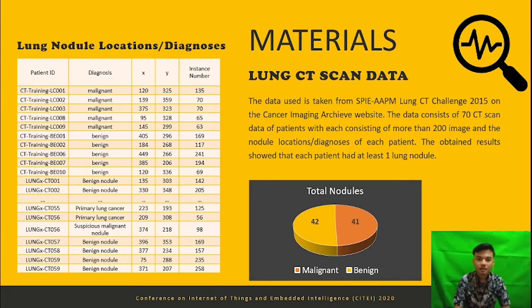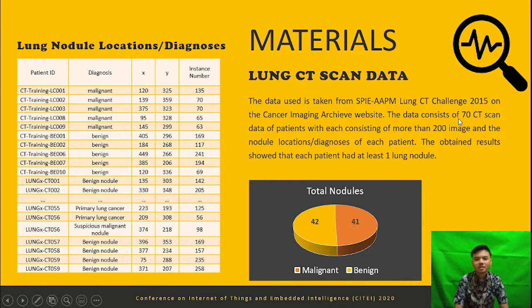And these are the materials that we used in this study. The materials are lung CT scan data taken from the SPIE AAPM Lung CT Challenge 2015 on the Cancer Imaging Archive website.